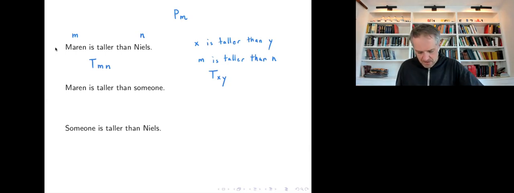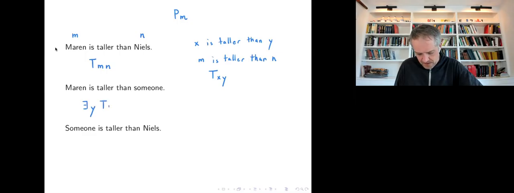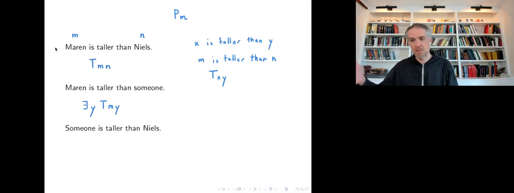The variable is arbitrary. I'll choose Y because I'm thinking the first slot of T would be X and then Y, but the truth is the variable is arbitrary. So I'll put: exists Y such that TMY. Maren is taller than someone. There is someone such that Maren is taller than that person.